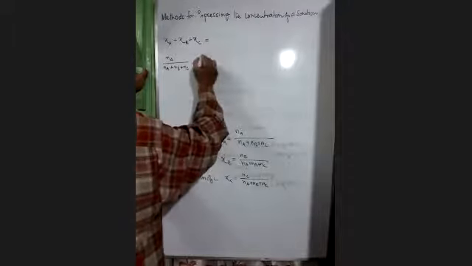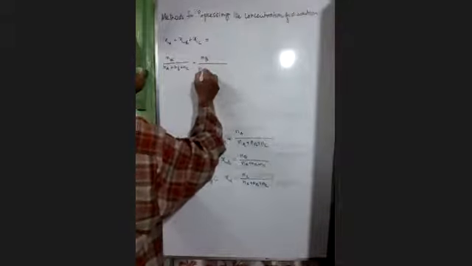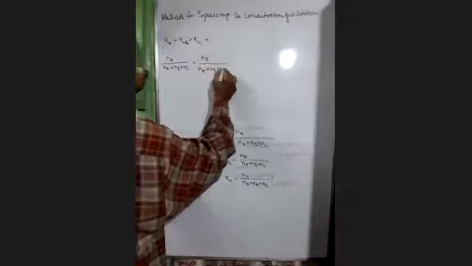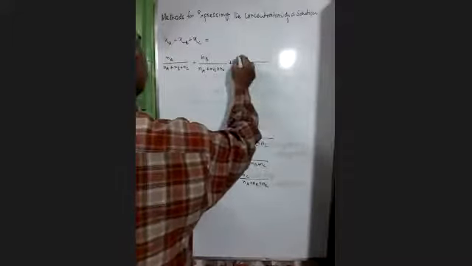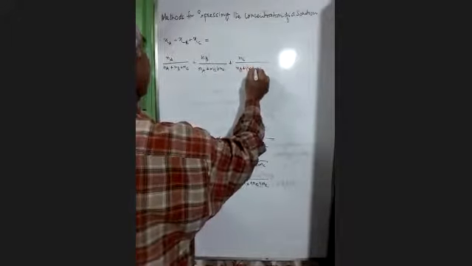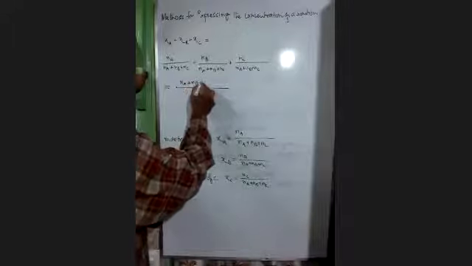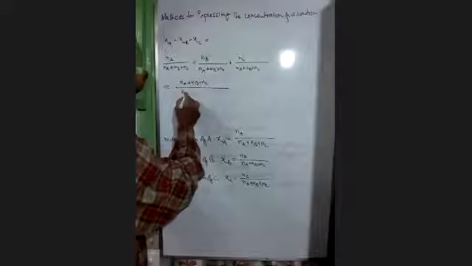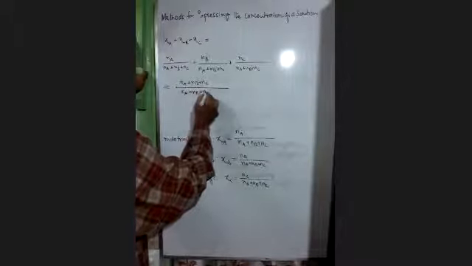NA plus NB plus NC over NA plus NB plus NC. The denominators are the same, so what will we write here? Equal to NA plus NB plus NC over NA plus NB plus NC.